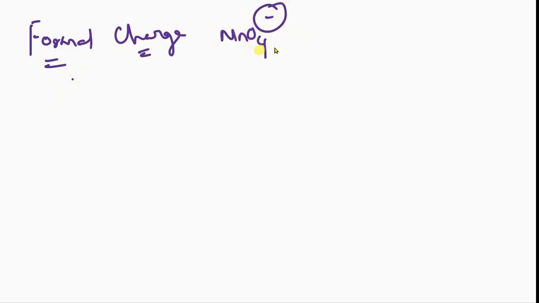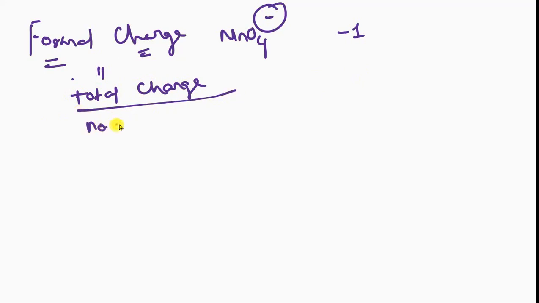Then we can go for the formal charge calculation. What is the charge present in the MnO4 minus? The charge present here is minus 1. The formal charge is the total charge divided by the number of resonating structures.